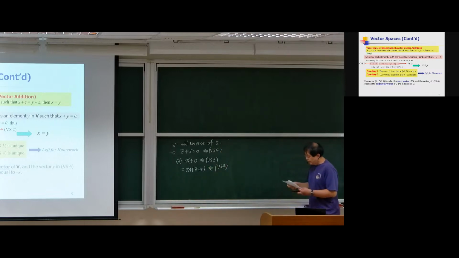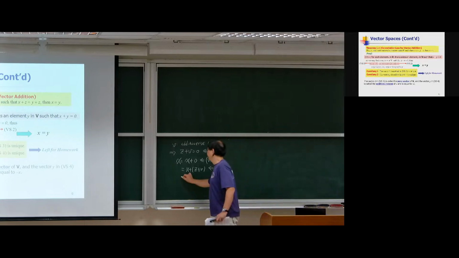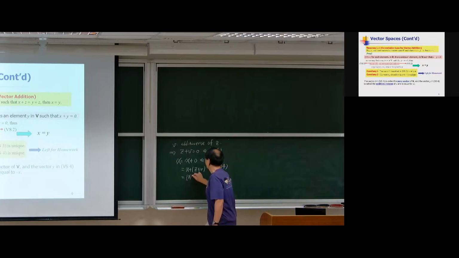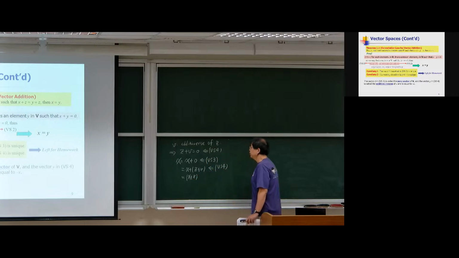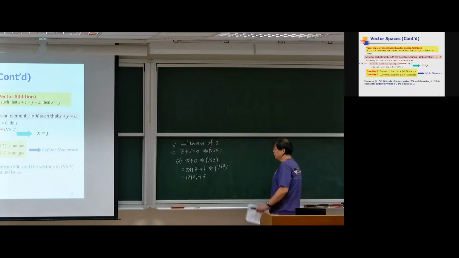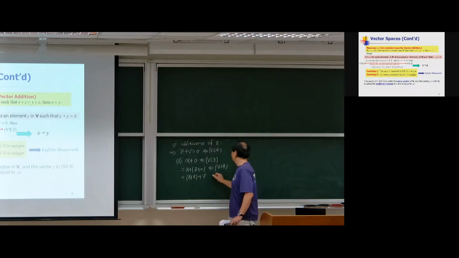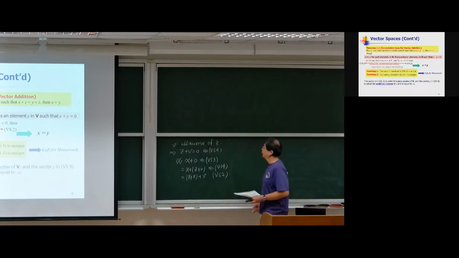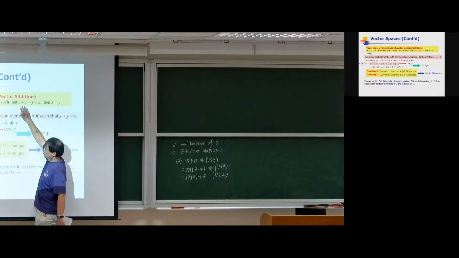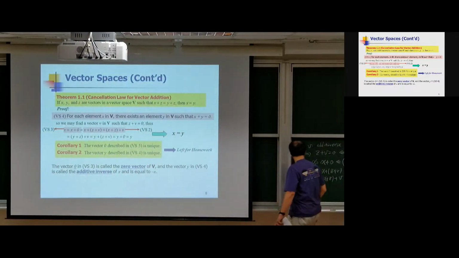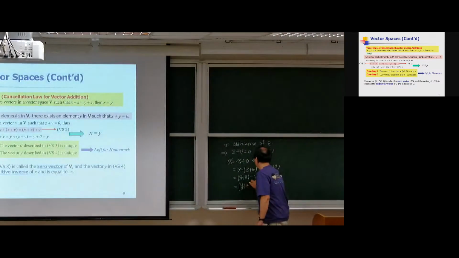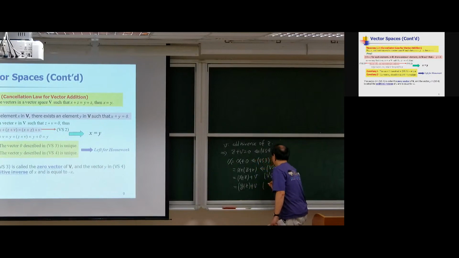Then we can apply the associative law so that we can reorder the addition operation. The associative law is VS2. And then by assumption, because from the theorem we know x plus z equals y plus z, we can replace x plus z by y plus z, then plus v. That is by assumption.